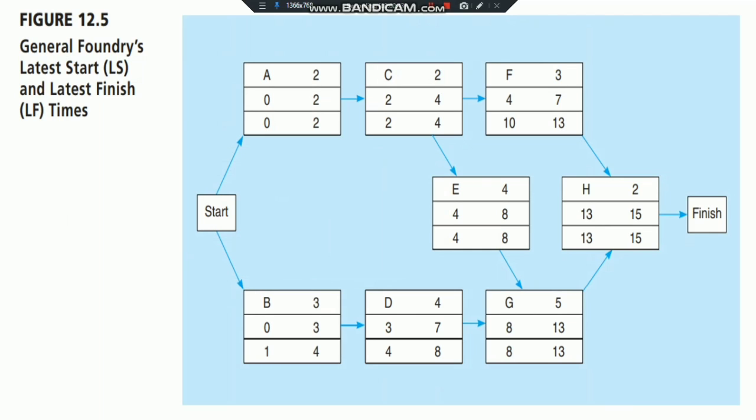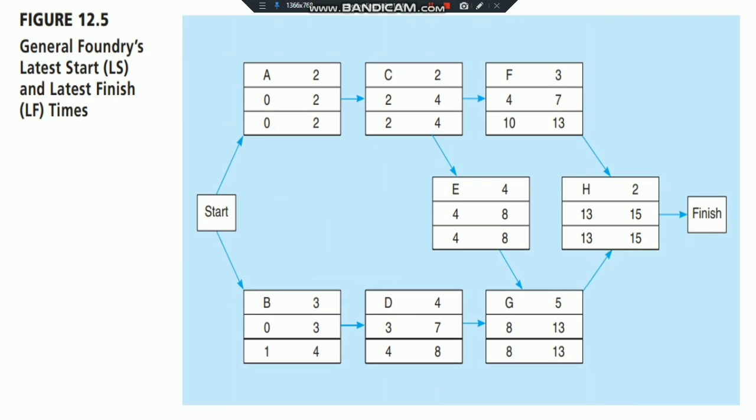Isn't it activity E? So it means the late finish we will use for C is the late start of E. Therefore, the late finish of C will be 4. And subtracting its activity time, its late start time is 2.